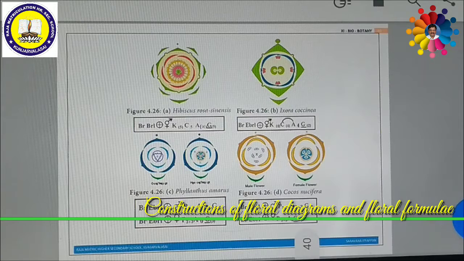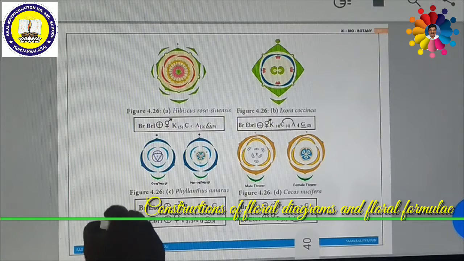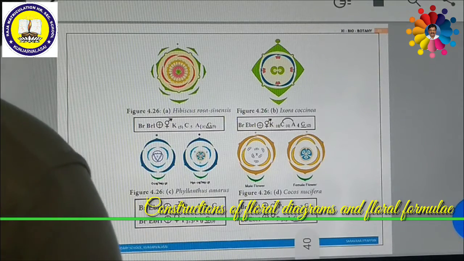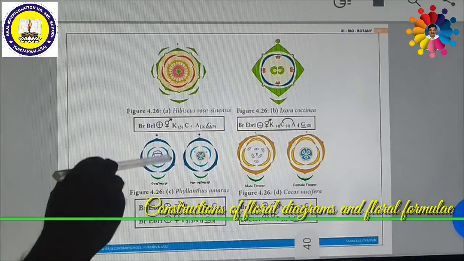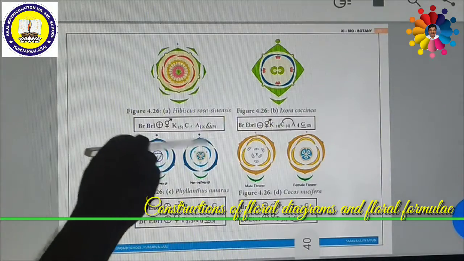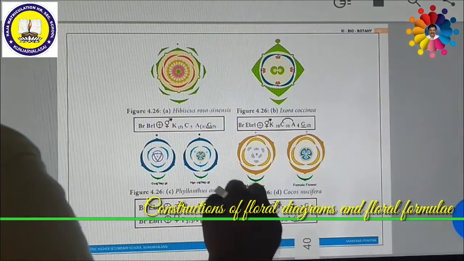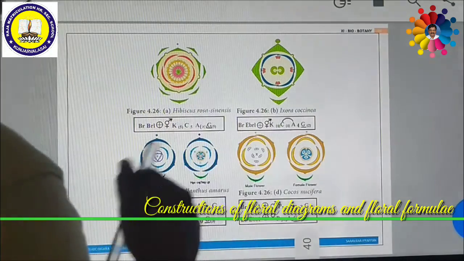Then Phyllanthus amarus. So this is a floral diagram and floral formula for Phyllanthus. Here this is a male flower, this is a female flower. These are bisexual, this is unisexual. So this is Cocos nucifera. Cocos nucifera means coconut plant.